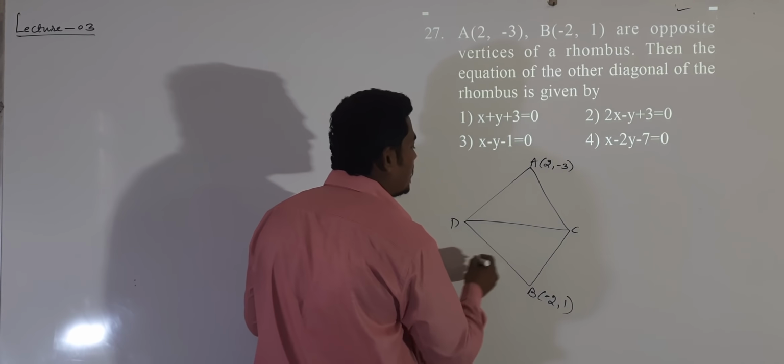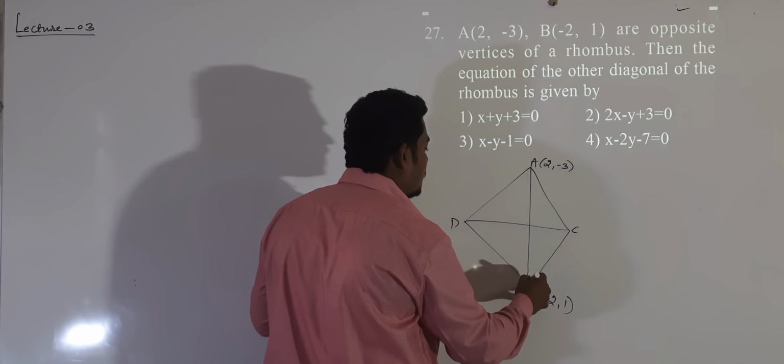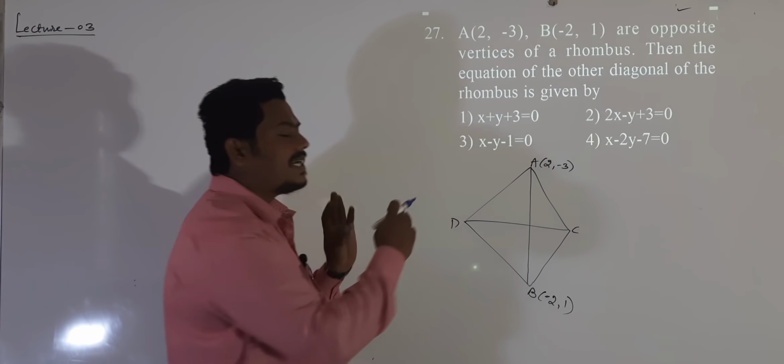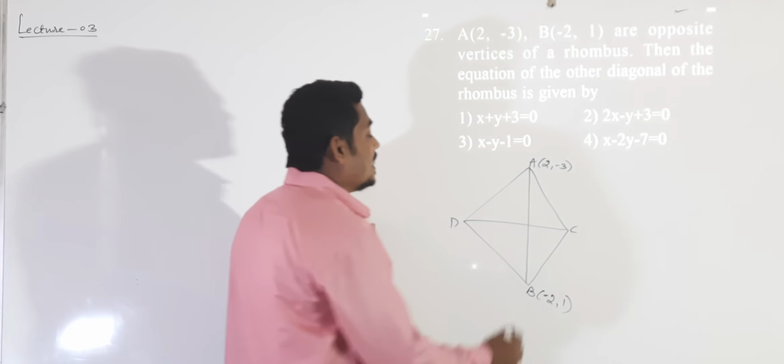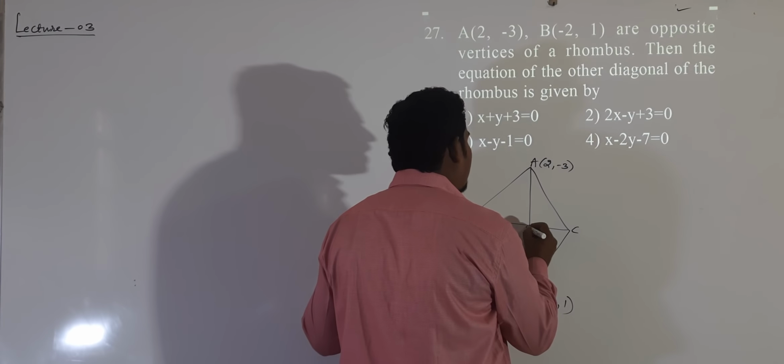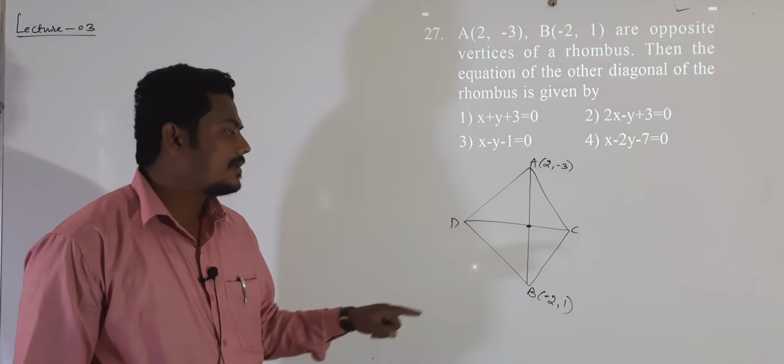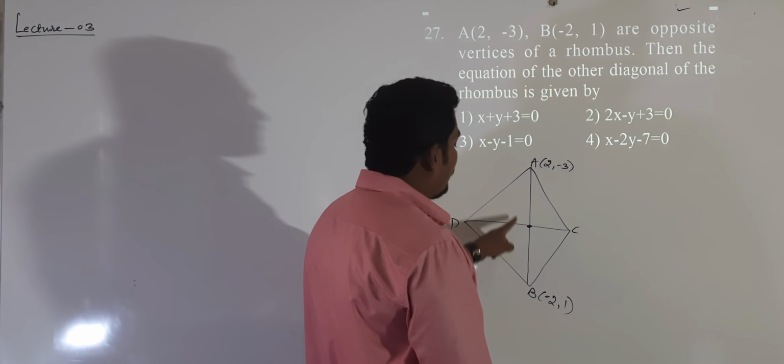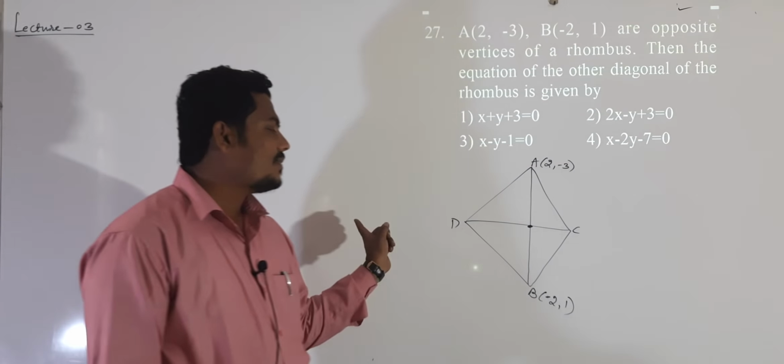C and D, A and B. In this figure, AB and CD are diagonals, and in any quadrilateral, diagonals intersect at the midpoint. This point is the midpoint of AB as well as the midpoint of CD.